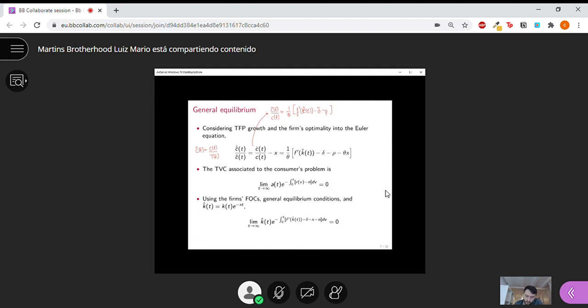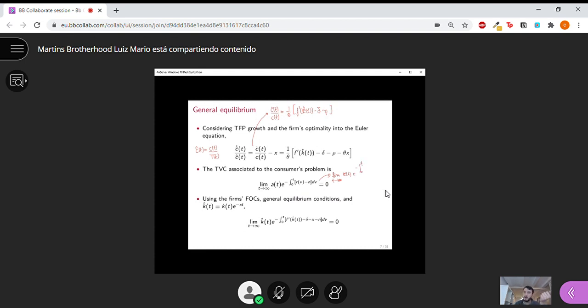Everywhere where you find A, we're going to write K. Let's do just one step before. Let's just switch A for K, K of t, exponential, integral.